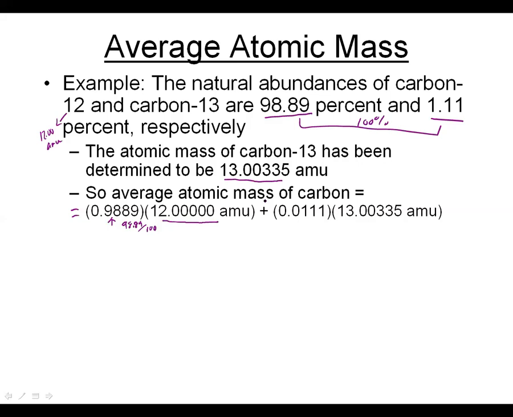And then the key here is adding. People always want to multiply here, but you're going to add. And then this is basically 1%, which was moved 2 places to the left, times the mass of our second isotope. And when we do that, that is how we get that 12.01 number that we see on the periodic table when we look underneath carbon.